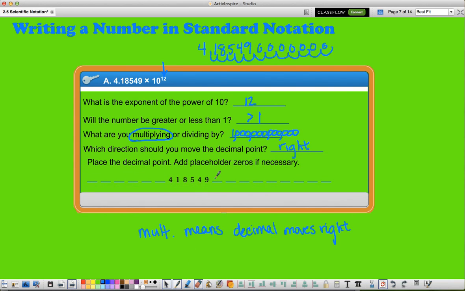So since I'm moving it to the right, I add the zeros at the end. So 1, 2, 3, how many did I add? I added 7, 4, 5, 6, 7. My decimal is now down here, and I put in my commas. And that is my new number. So my new number is quite long.